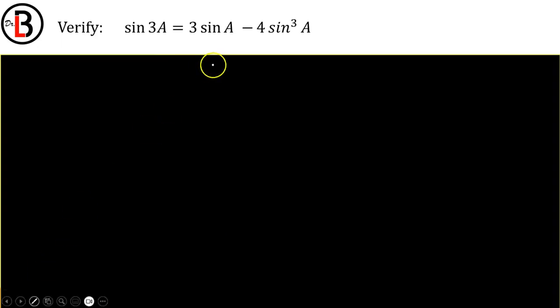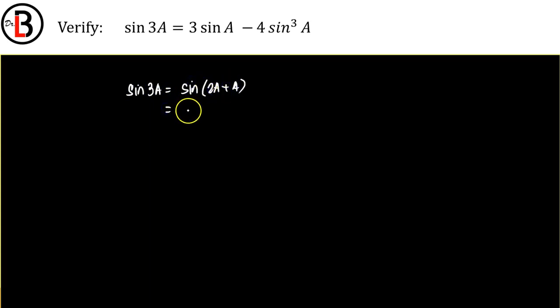So for this one, maybe what I can do is my sine of 3A can be rewritten as sine of 2A plus A. So I have sin cos plus cos sin.